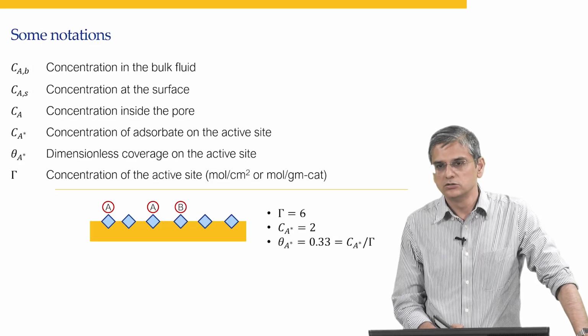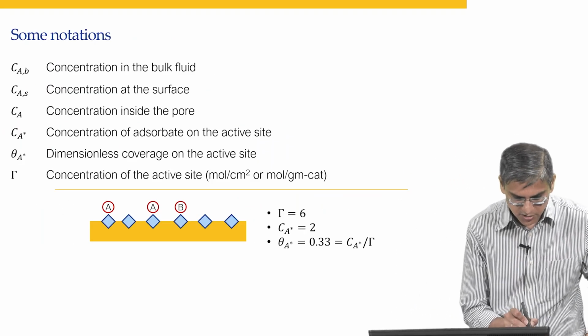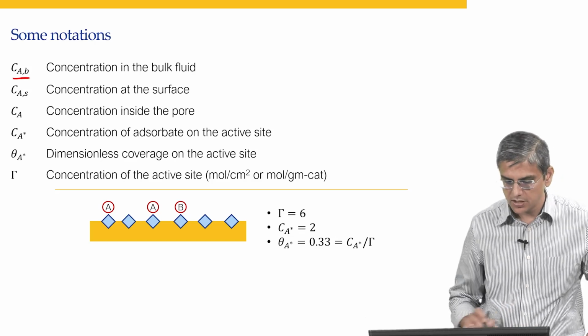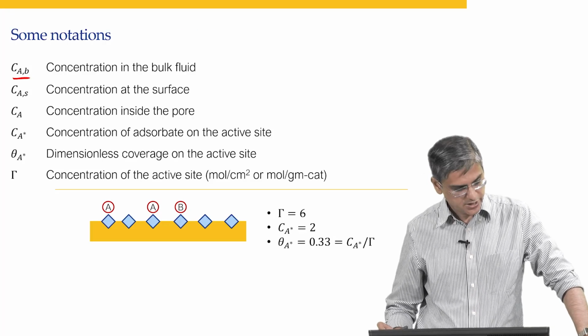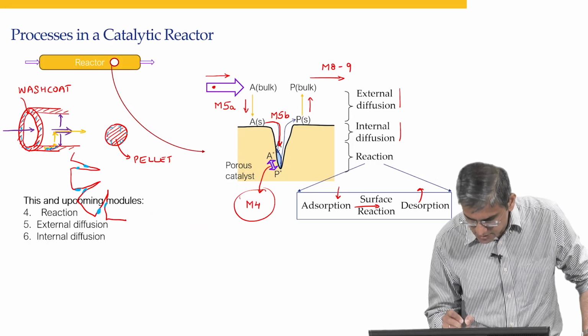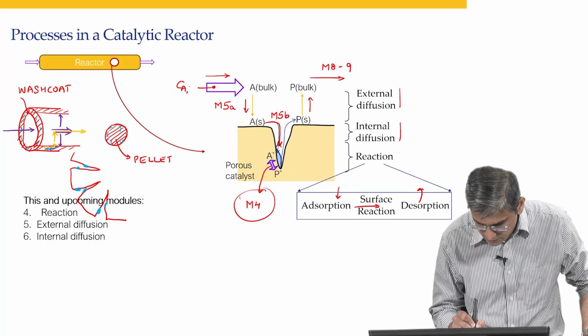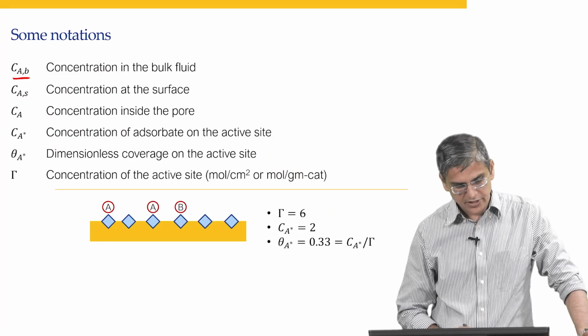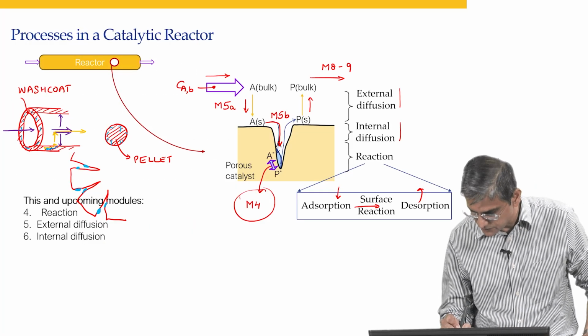So, some notations, we will use CAB to say concentration of species A in the bulk fluid. So, at this location we have CAB. CAS is concentration on the surface.